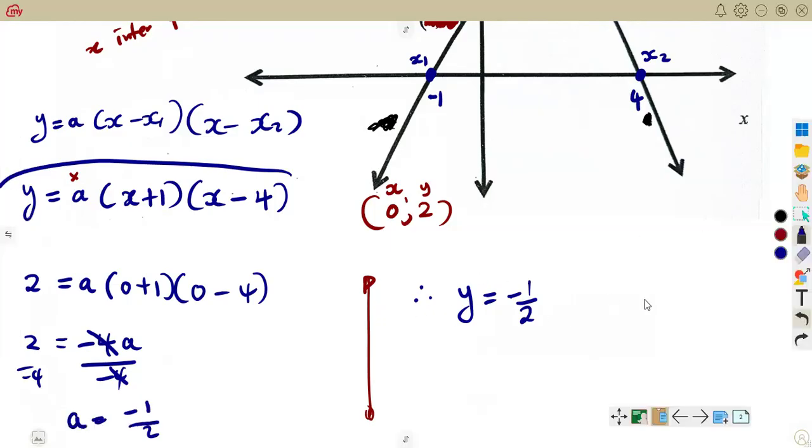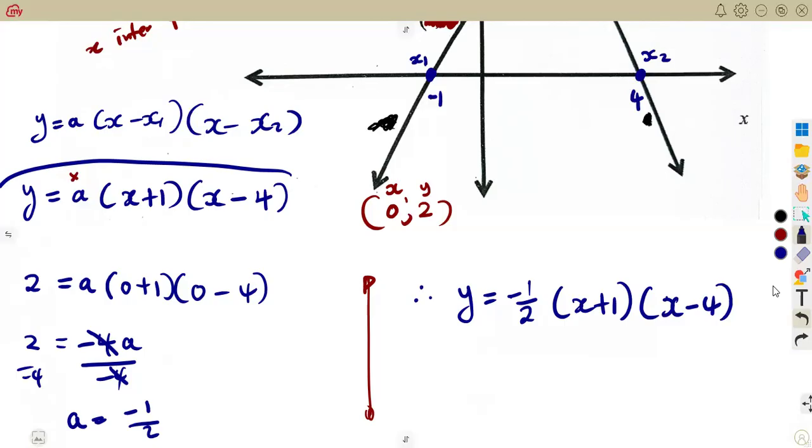So you're going to substitute everything there as it was. We open a bracket, x plus 1 into x minus 4, like this. So this is where you are.